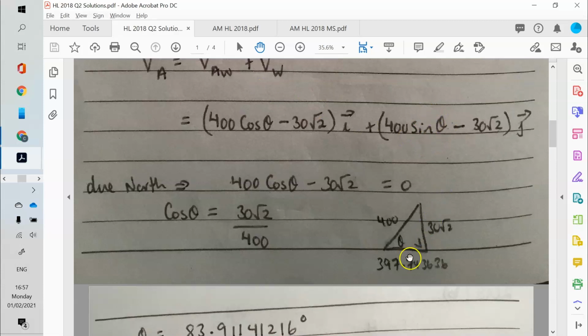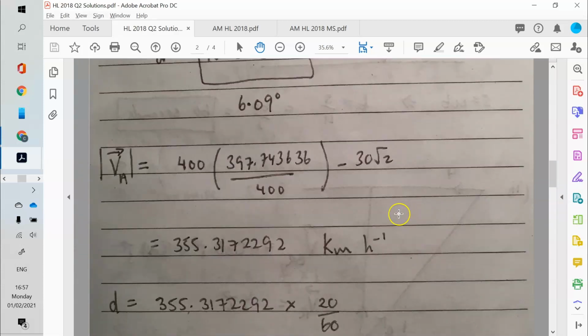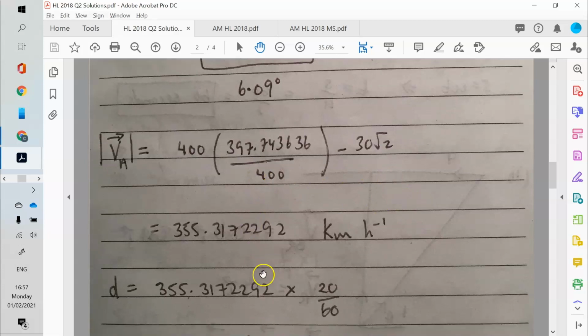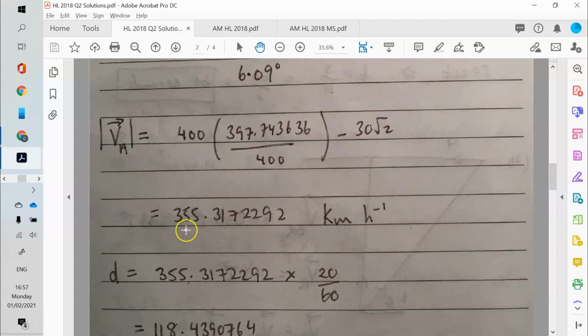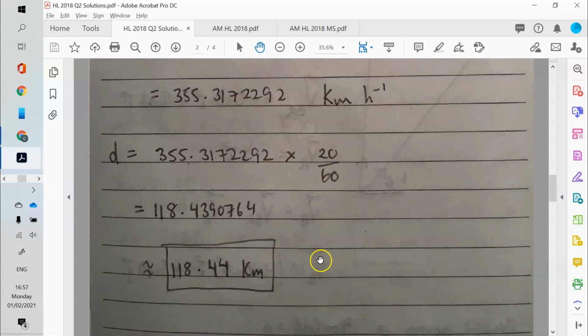We know our sine theta from this triangle, so we can plug that in there and we can come up with our value, 355 kilometers per hour. And we were asked how far it got after 20 minutes, so 20/60ths of an hour will give us our answer there.